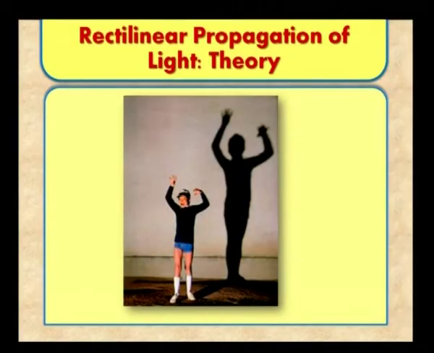So Newton's theory will definitely be easier. If Newton's theory is accepted, it is easier to explain the shadow cast, because wherever the obstacle is, light will not be able to pass through the person, and the image will be formed on the wall. The shadow cast can be explained.